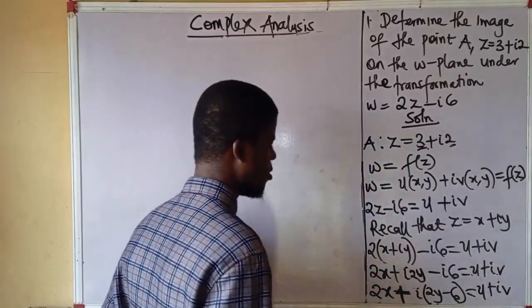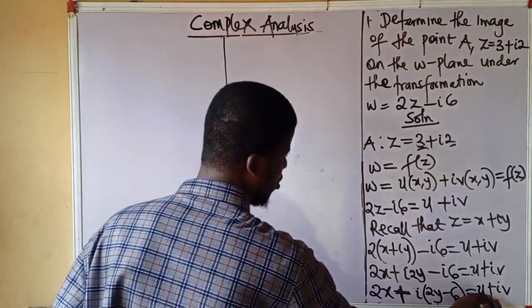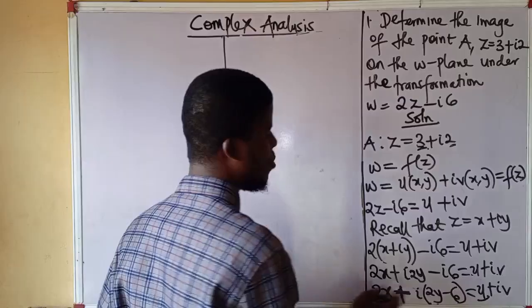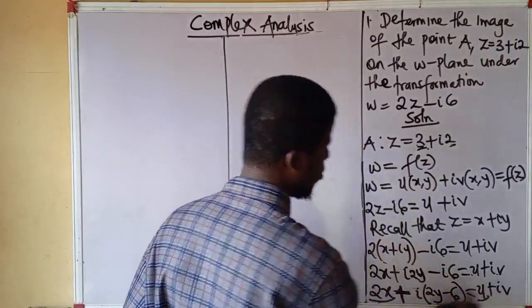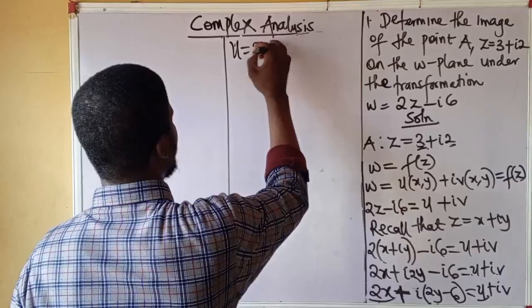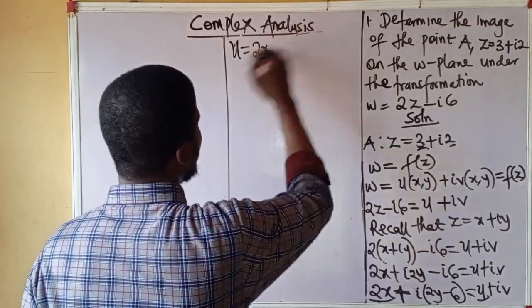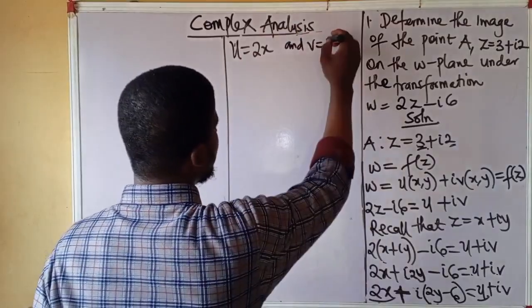If we compare them, u is equal to 2x because they are both real parts. Then 2y minus 6 is equal to v because they are both imaginary parts. So u is equal to 2x and v is 2y minus 6.